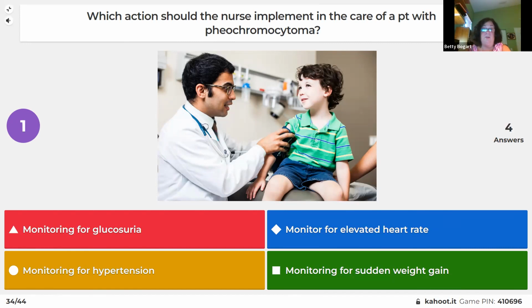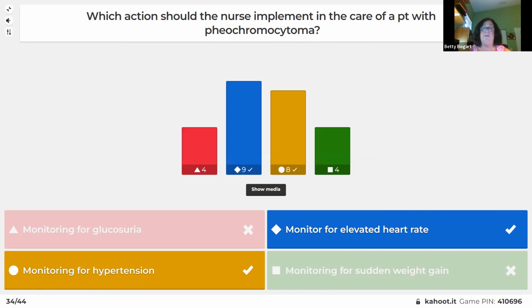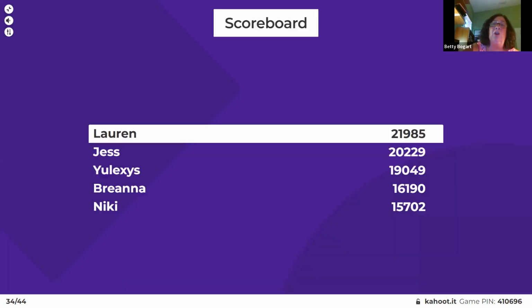Because they're going to surgery, they still have it now. We're going to be monitoring for that heart rate and for that blood pressure. Definitely we're going to be watching that. It has nothing to do with weight gain, nothing to do with sugar. It's an adrenal problem. Catecholamine, sympathetic means heart rate up, blood pressure up. We're going to look for that, monitoring close vital signs.